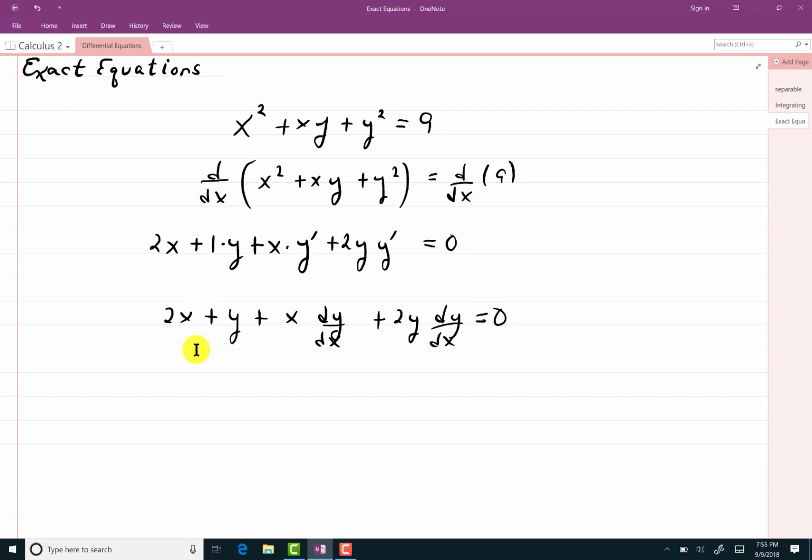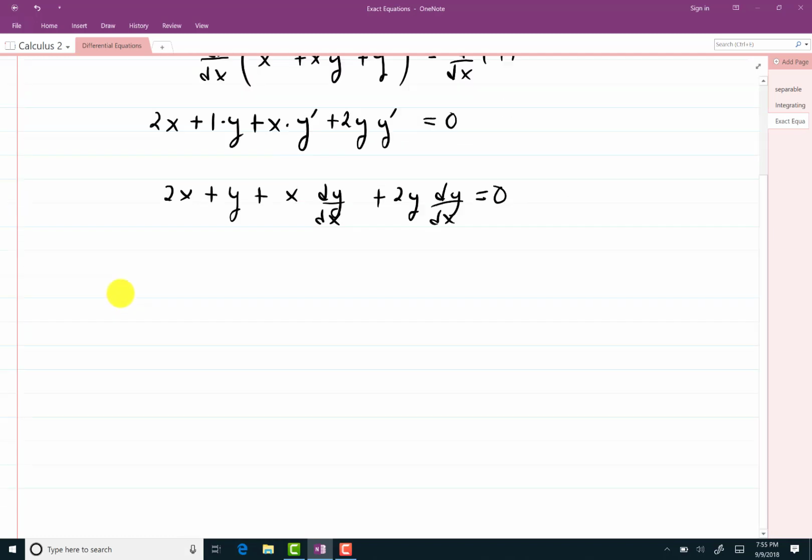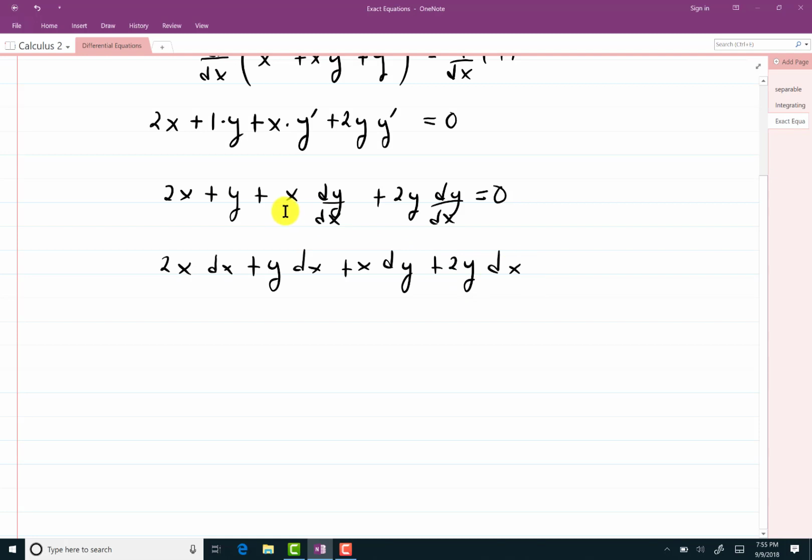Now, like we've done with so many other things, I'm going to multiply everything through by dx. So I will get 2x dx plus y dx plus x dy plus 2y dy, because the dx's in the last two pieces canceled out. And that's equal to 0.